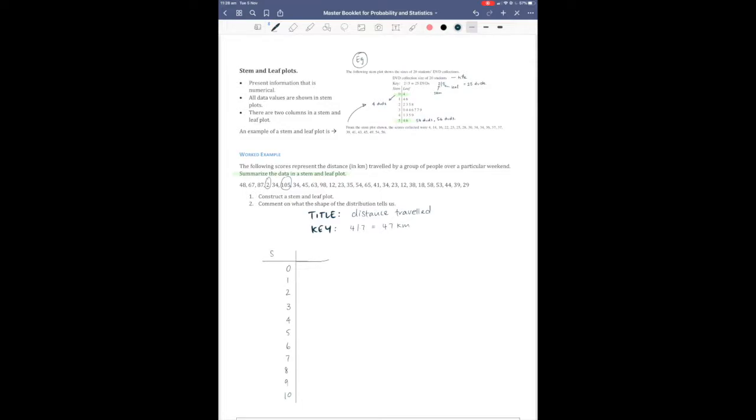So I'm going to write stem here and then leaf here. So remembering that the line down the middle, so that's separating the stems and the leaves, is the equivalent to like 47 kilometers, for example.